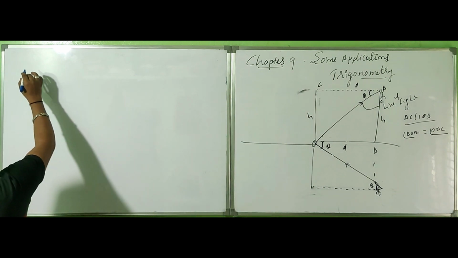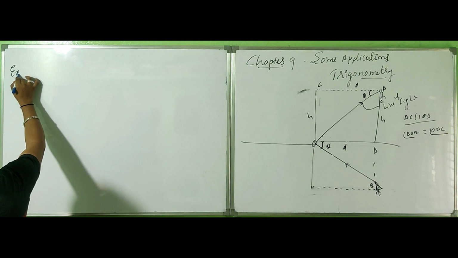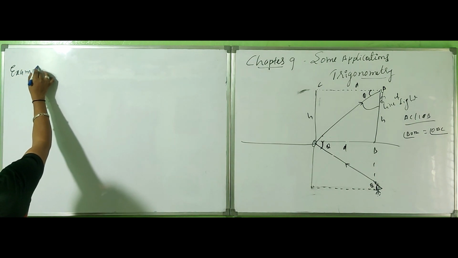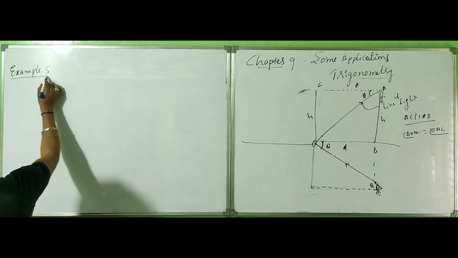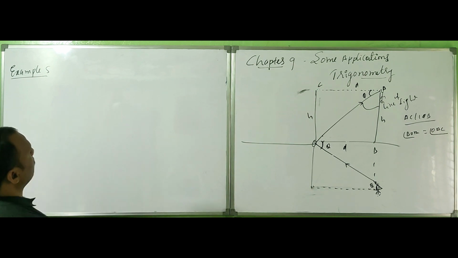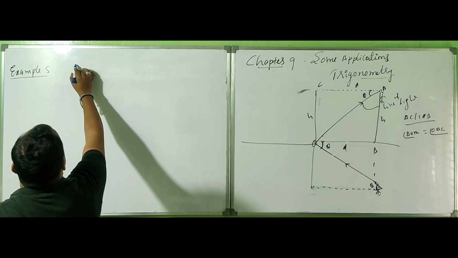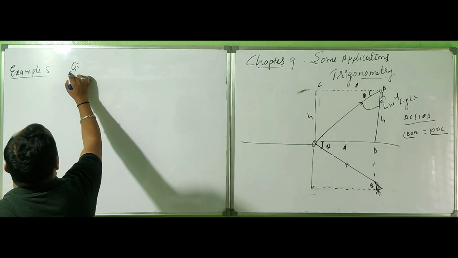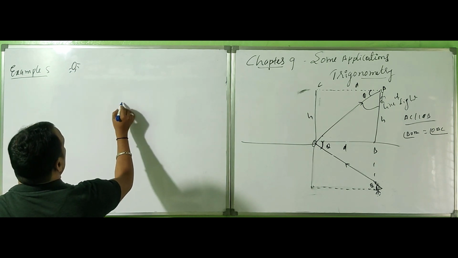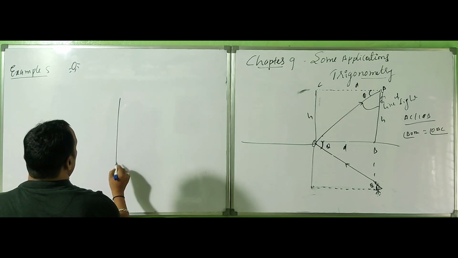This is Example 5. Let's say there is a tower here, and the sun is here. We don't know the height of the tower.